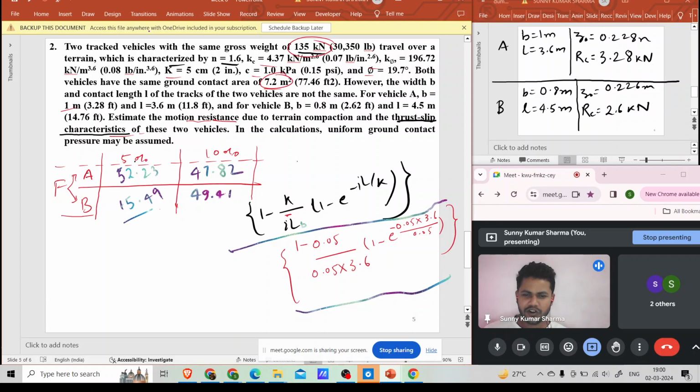This is absolutely wrong. The one you are getting is 52. That is okay, miss, because with less slip you are getting more thrust. This can never happen, miss, 15 will never come.